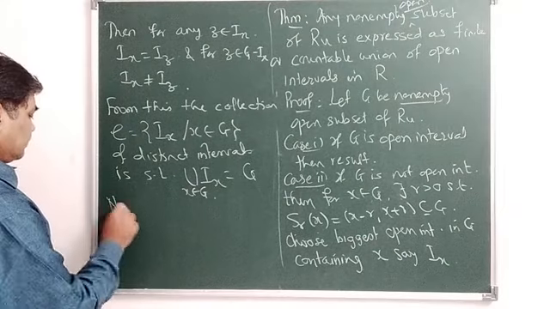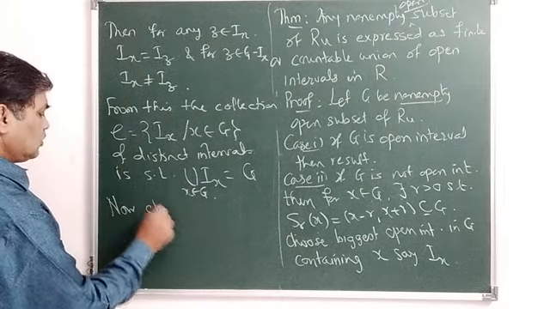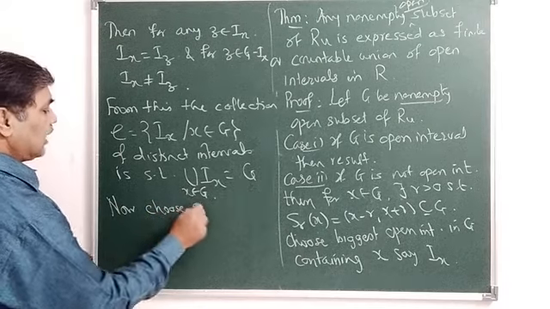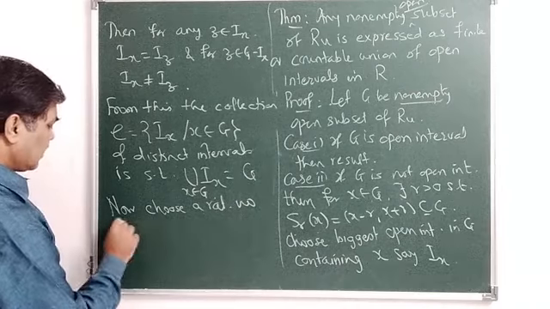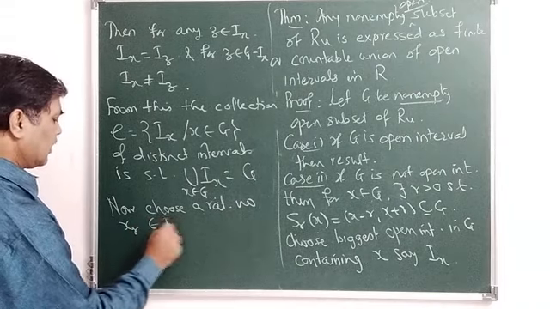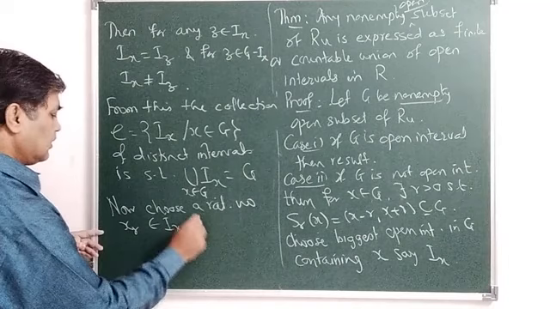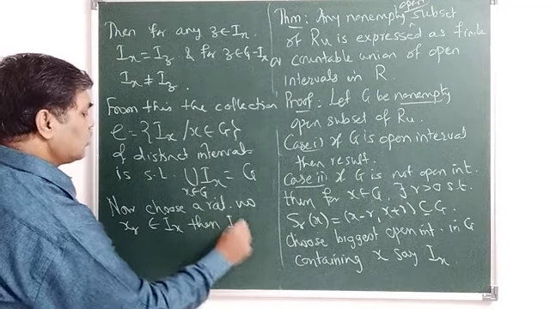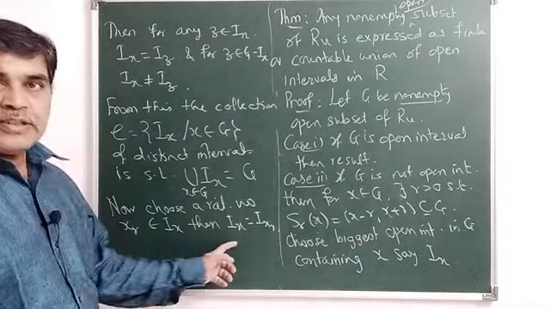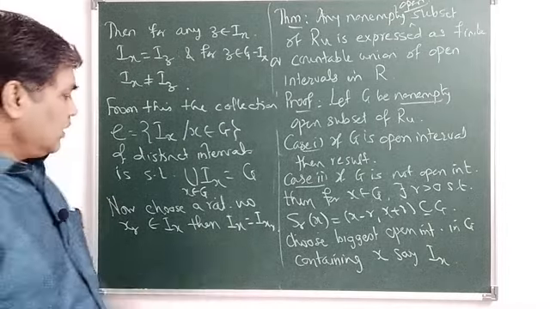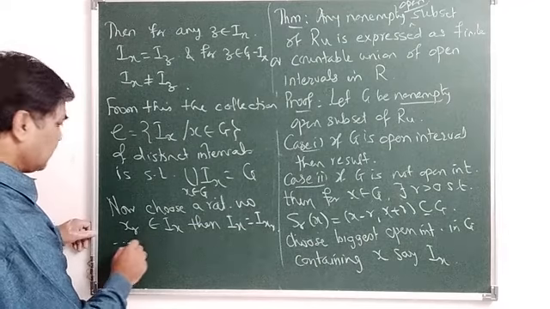Now choose a rational number xr belongs to Ix. Then Ix is equal to Ixr.